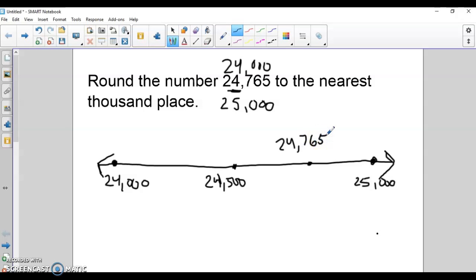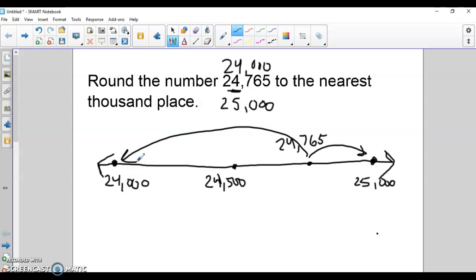So I'm going to mark that as 24,765. And the question you have to ask yourself is, which thousand would you want 24,765 to round to? Is it going to be easier for 24,765 to travel this far? Or is it going to be easier for 24,765 to travel this far?